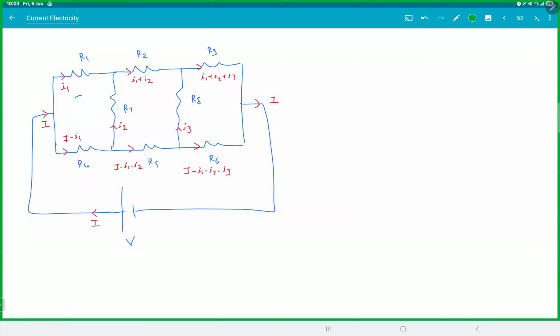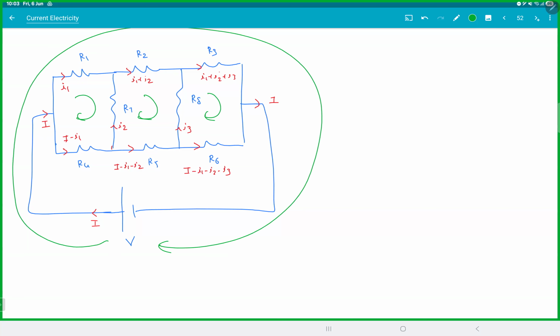So write me an equation for this loop, for the center loop, for this loop, and one through the battery and this loop. 4 equations. Let's see whether you're getting the signs right. And also get me this. Suppose I want to go from this point here, A, to this point here, B, also write VA minus VB.